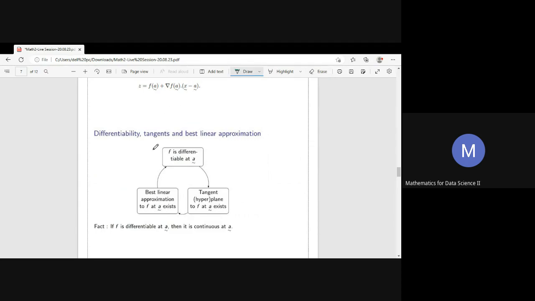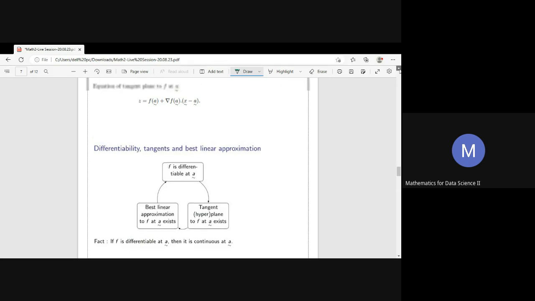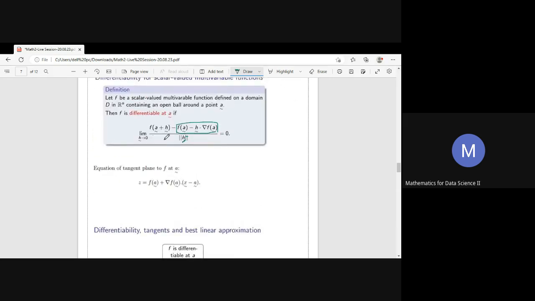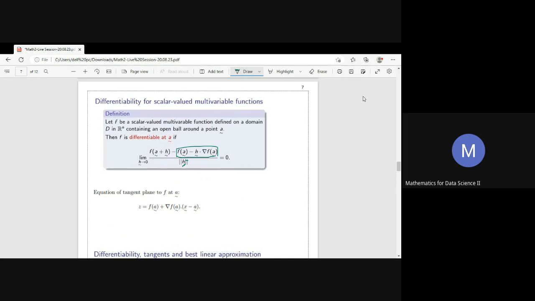So the same kind of relationship is there in the one variable function as well as the multivariable function. The only difference is that here you are using vectors and there only scalars, so here you have a dot product and a norm. So this is the definition of differentiability.